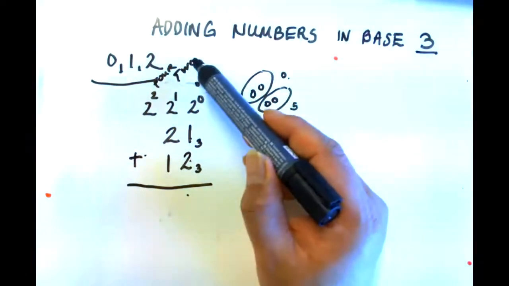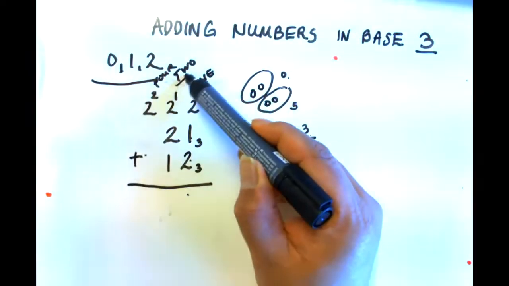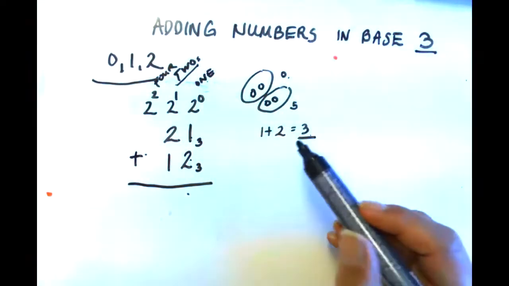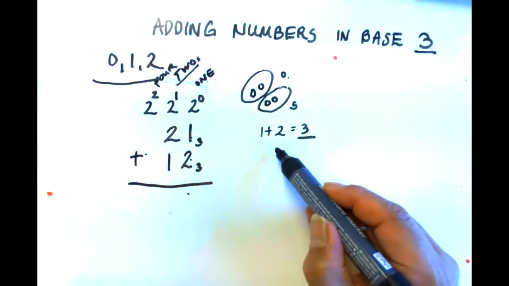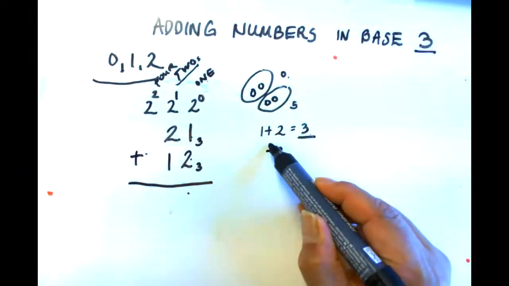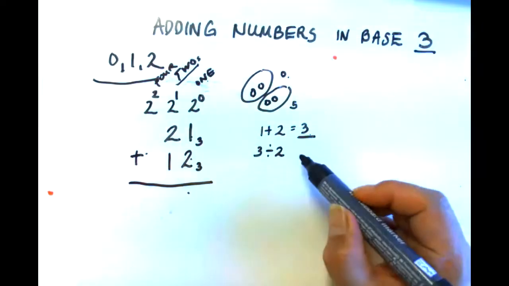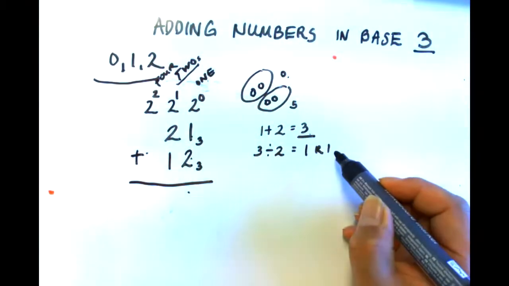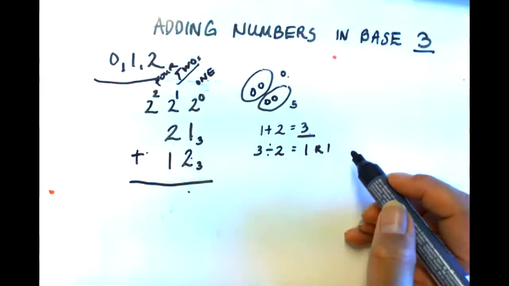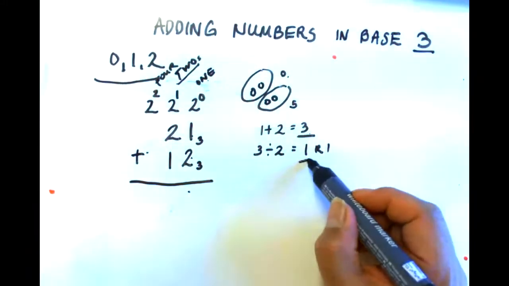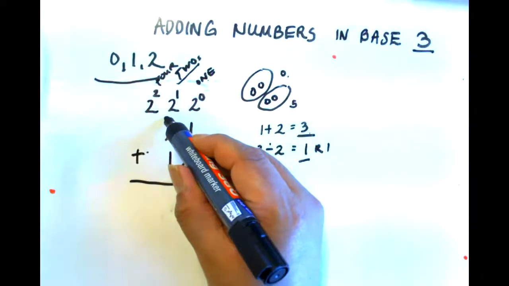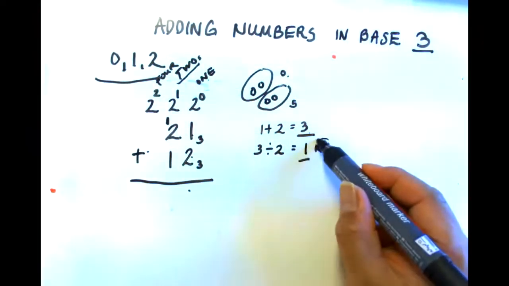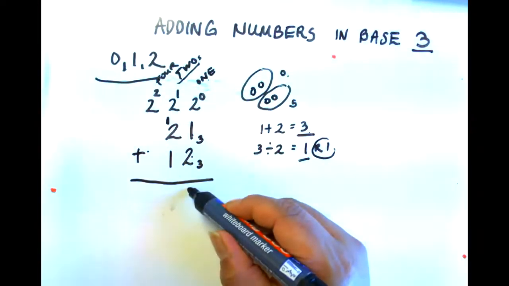The question is, how many 2's are there in 3? Your answer is 1 with a remainder of 1. That means you're going to put the 1 here as a carry. Carry 1. Bring down the remainder.